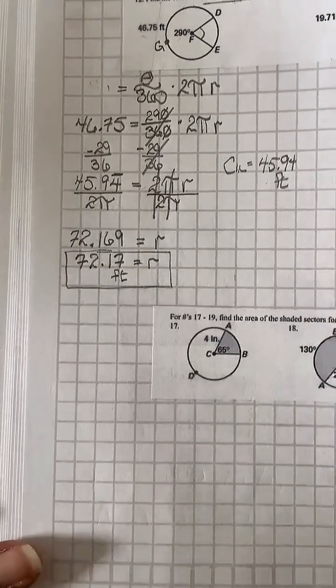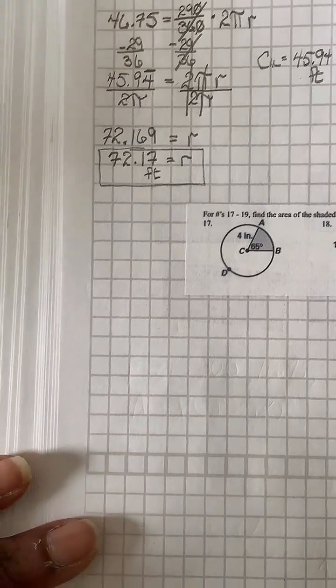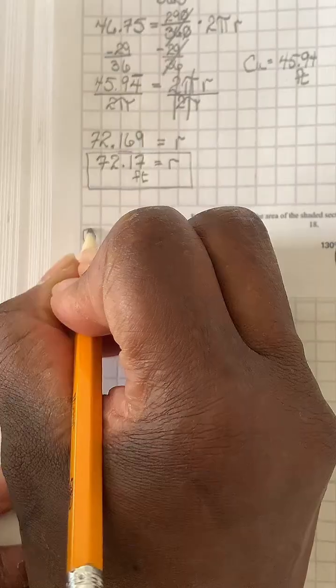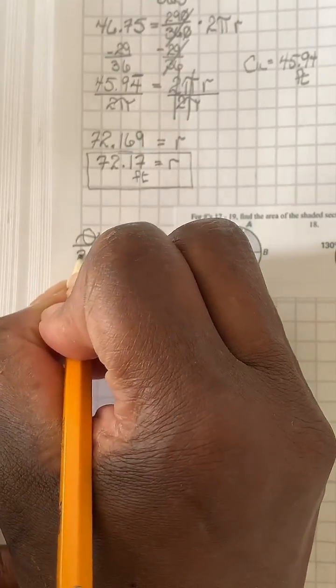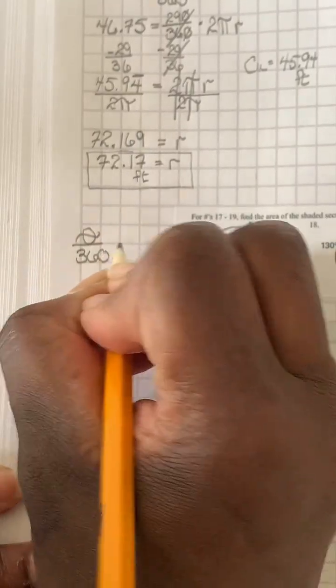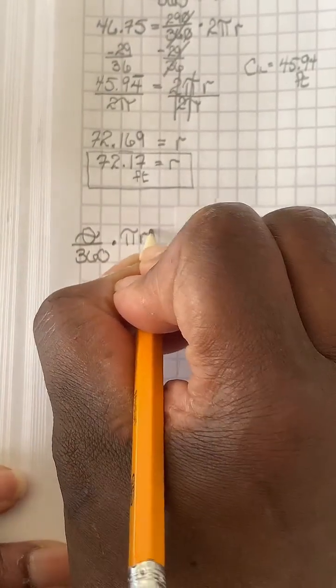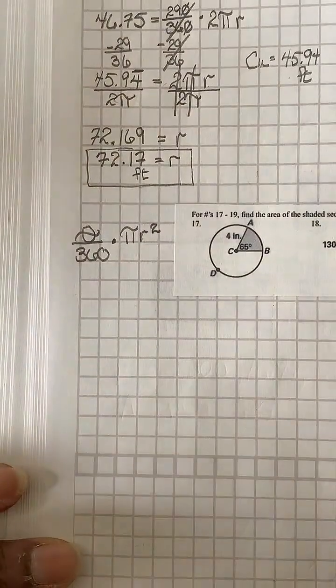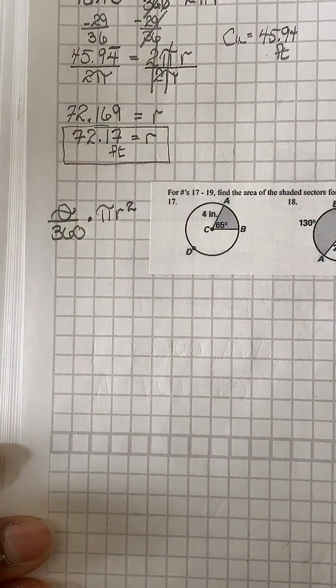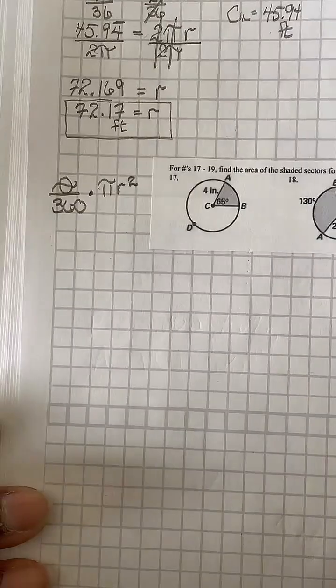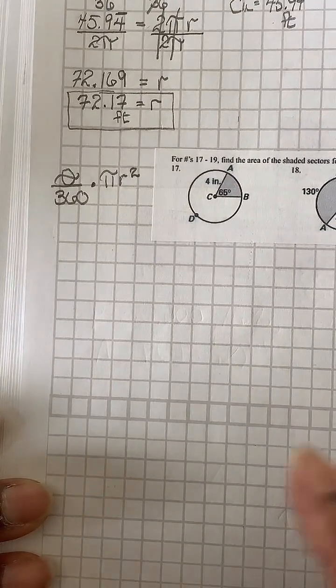Now, to go into the area of the sector. Now we're looking at theta over 360. But this time it's going to be times your pi r squared. So here I got 3 different examples, but we're just going to go one by one.